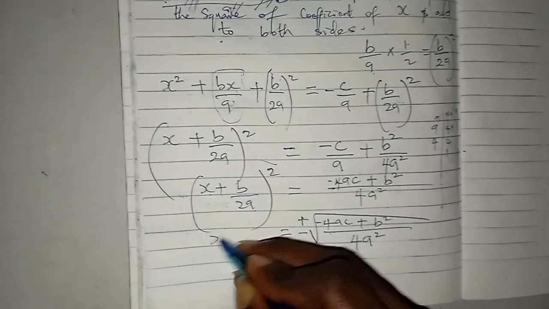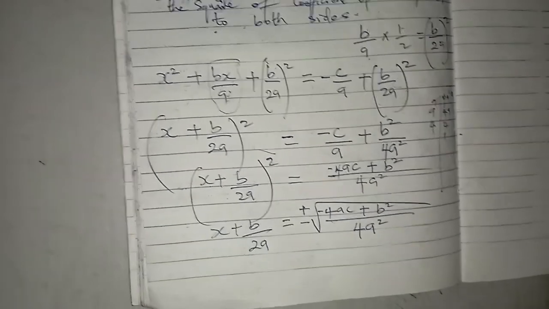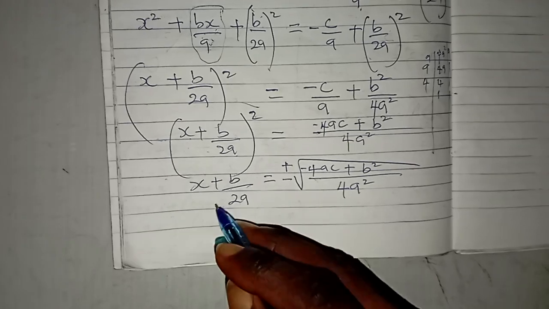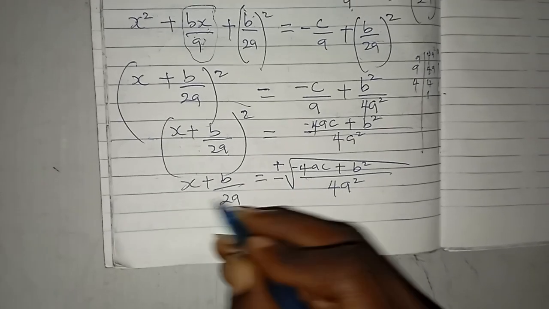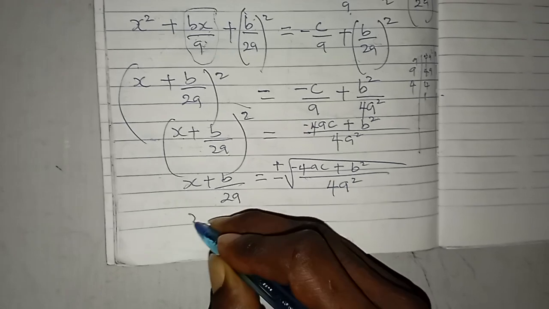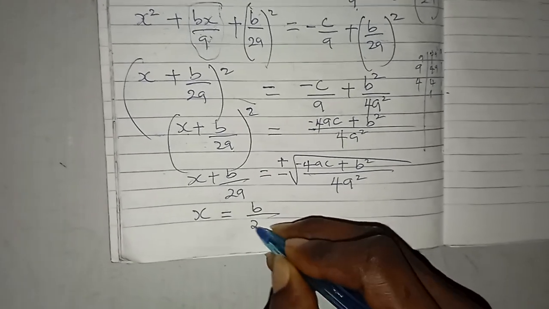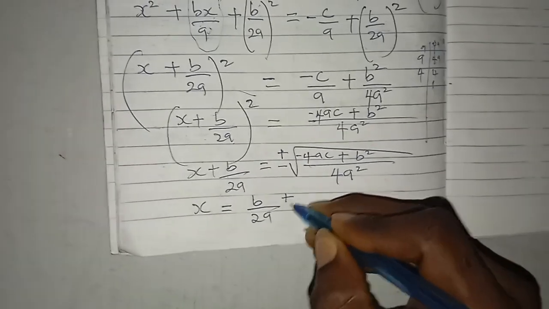So equals to x plus b over 2a. All right. So I can now say, making x subject of the formula. Making x subject of the formula, this will now become the same thing as saying x equals to b over 2a plus or minus.